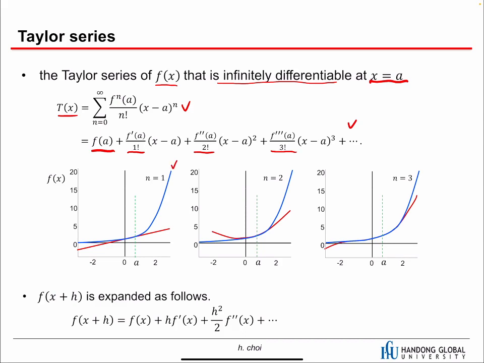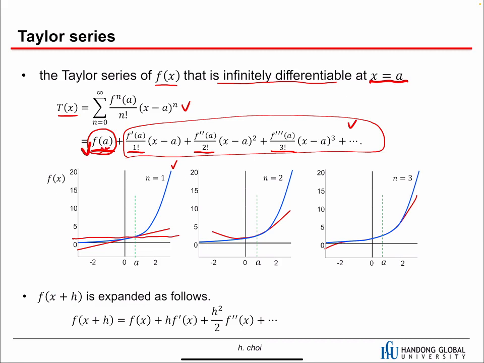Okay, and if we take the first term of this Taylor series and ignore all the other terms, then the approximation is just a constant line. This is the evaluation of function f at the specific location a. Now if we take the first two terms, as you can see, this is a linear equation with respect to x.